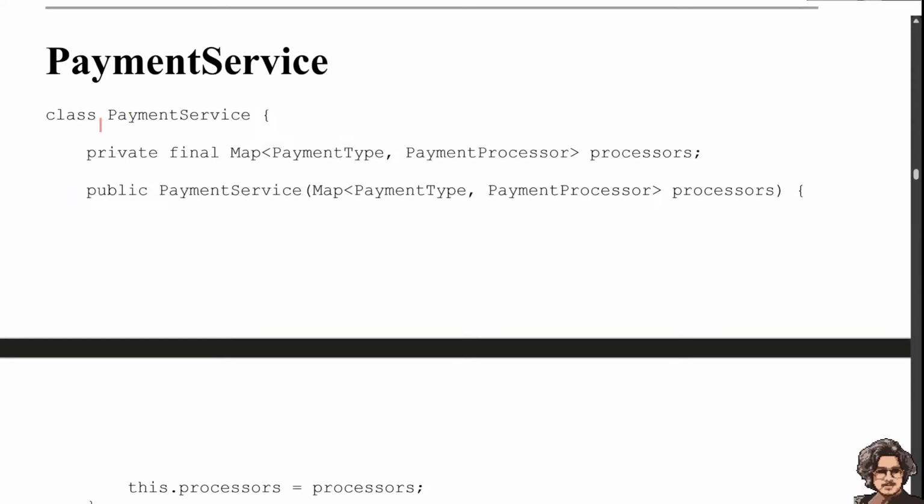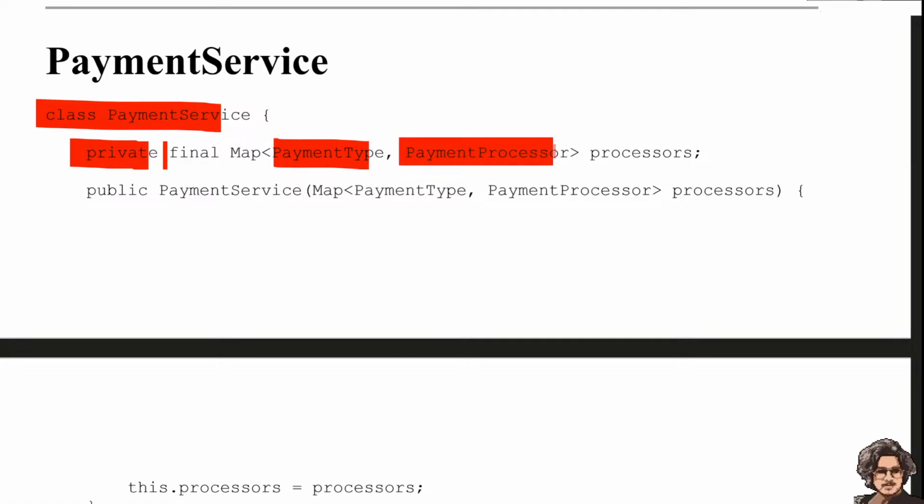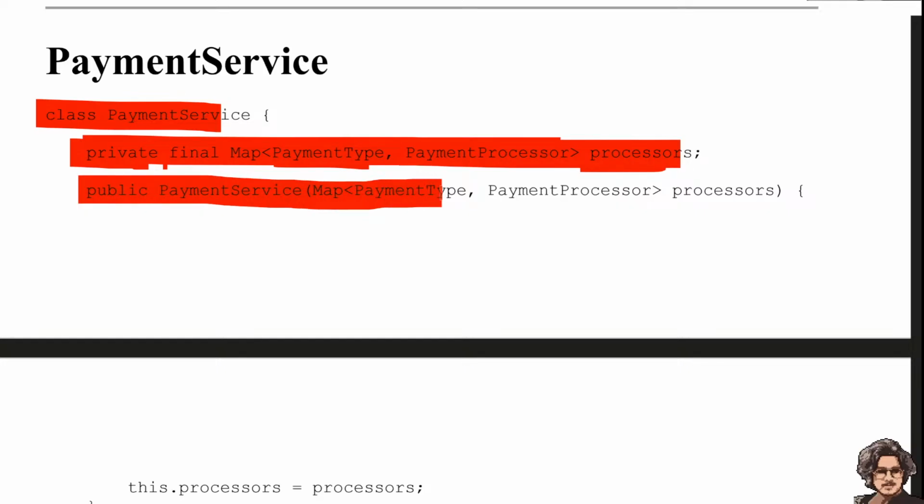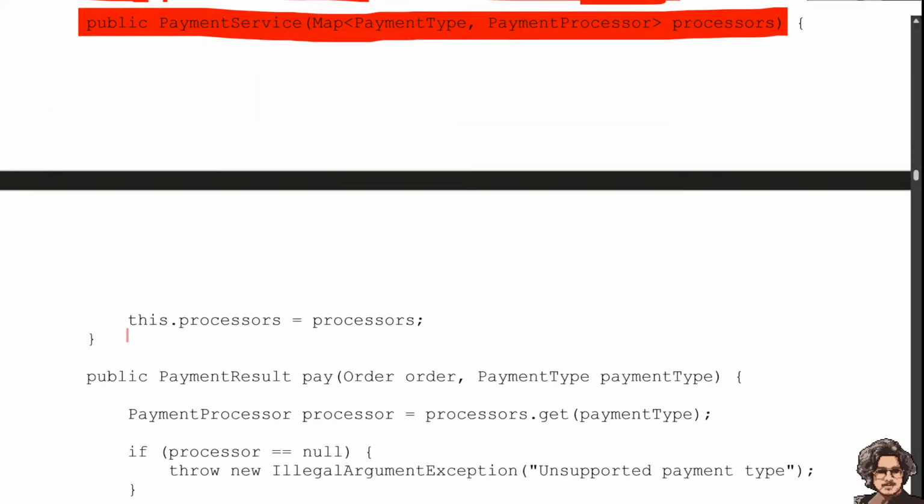Here we can say that the payment service looks like this: class PaymentService, private final map of payment type with the payment processor. That is the processor. After public PaymentService, we have payment type plus payment processor. So we have two things, and this processor represents this thing.